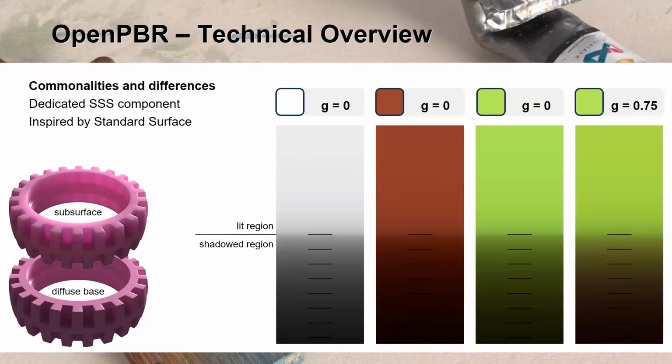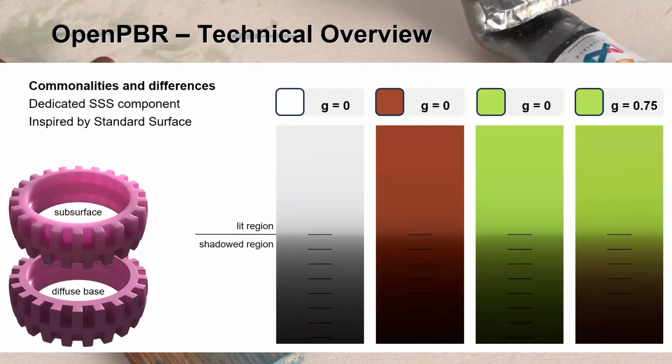So first here, inspired by Standard Surface, OpenPBR has a dedicated subsurface lobe in addition to the interior volume, and we also improved the parameterization to be even more perceptual and art directable. For example, the images on the right are renders showing a material with subsurface scattering and the edge between the lit region at the top and the shadowed one at the bottom.